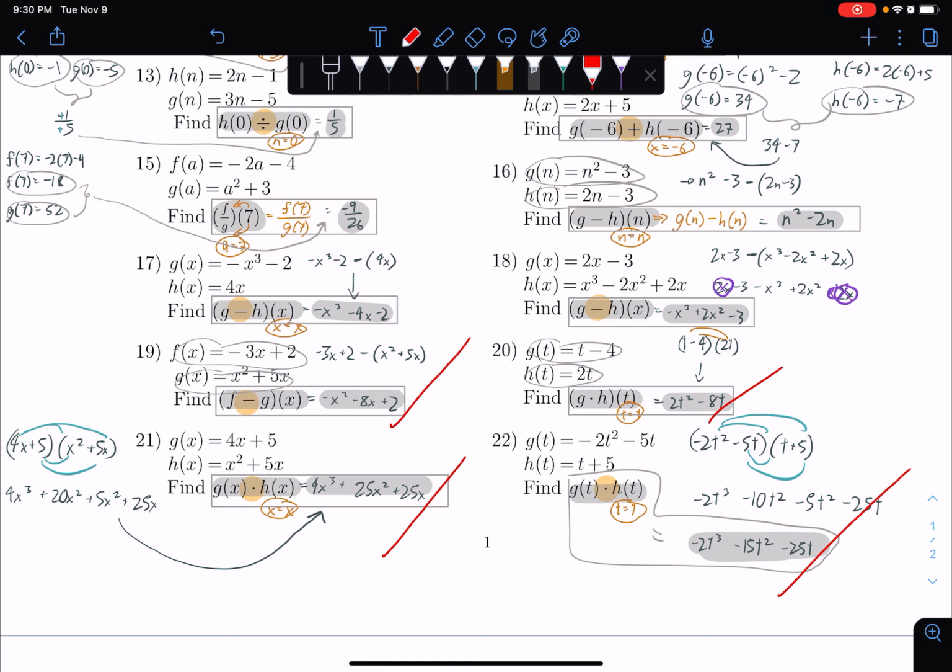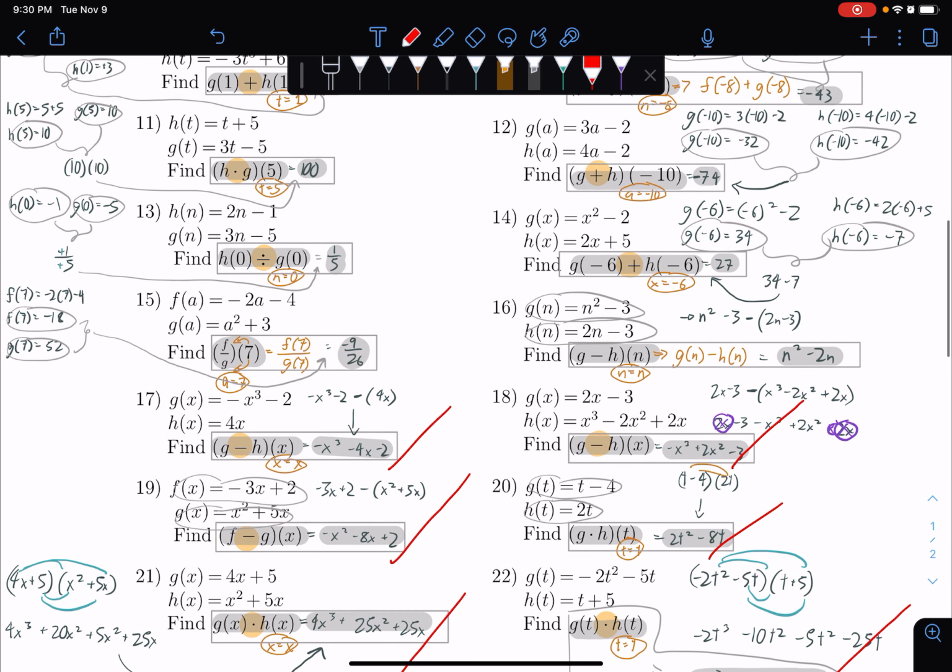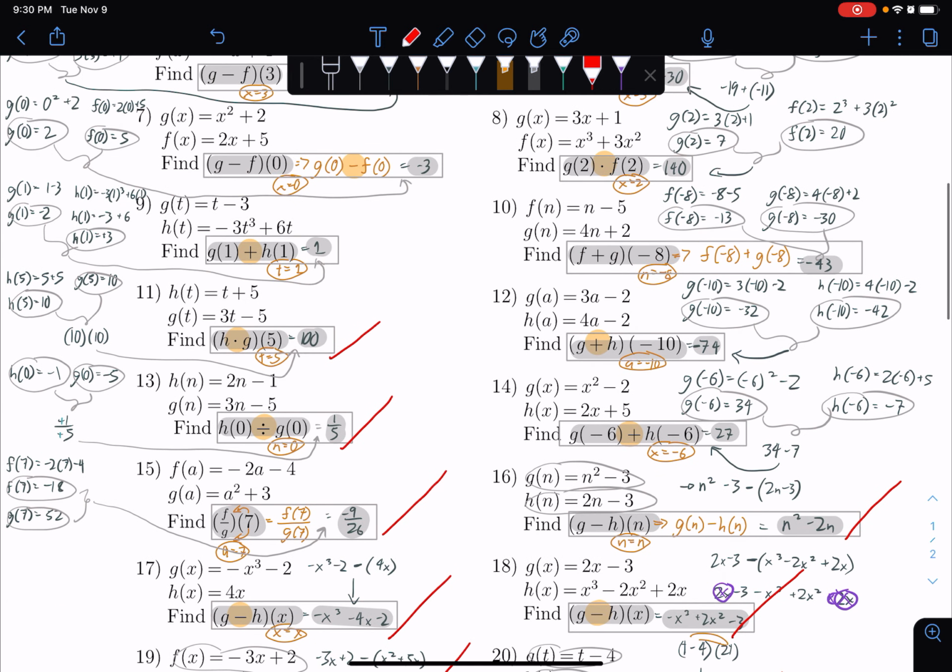Correct. Correct. Correct. Negative 2 and positive n minus 2n, correct. Negative 9 over 26, correct. Negative 74, positive 27, correct.